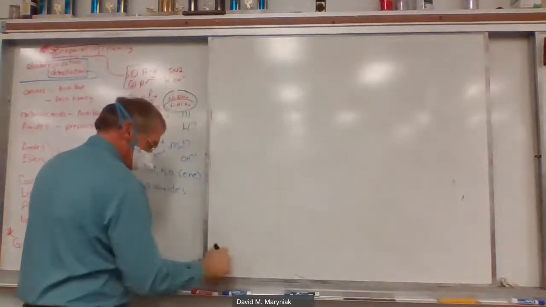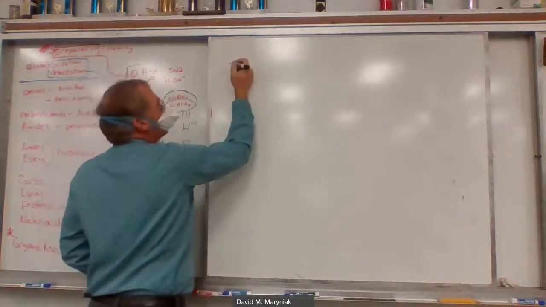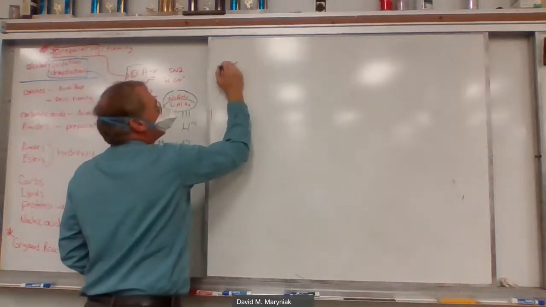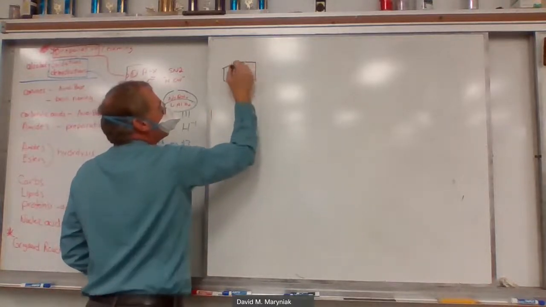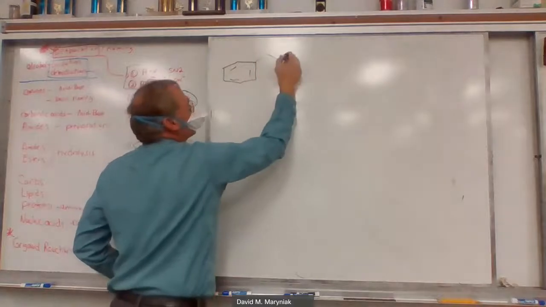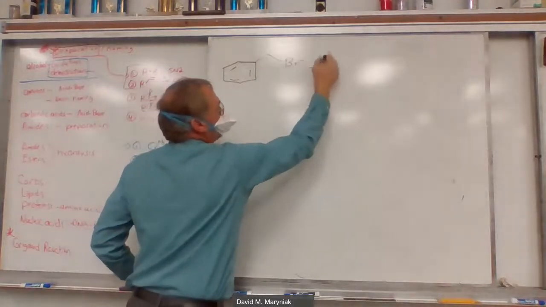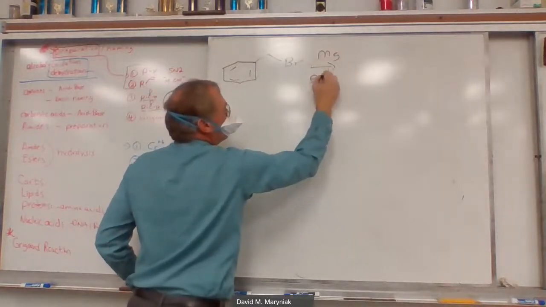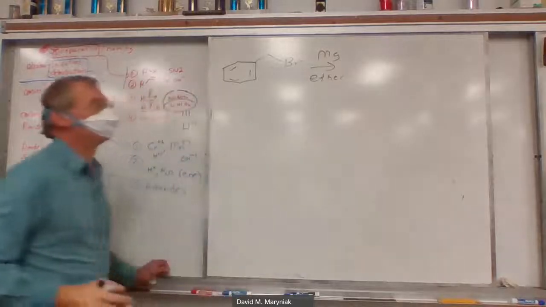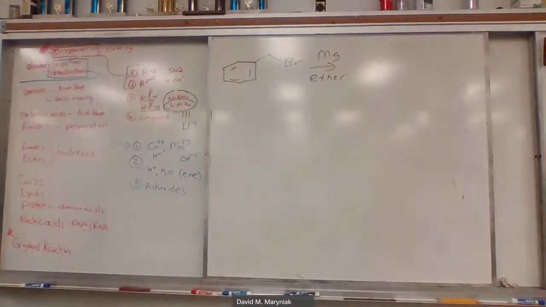But just to review, benzyl bromide and magnesium in ether. What are we going to generate? The Grignard. So would you write the Grignard formula?